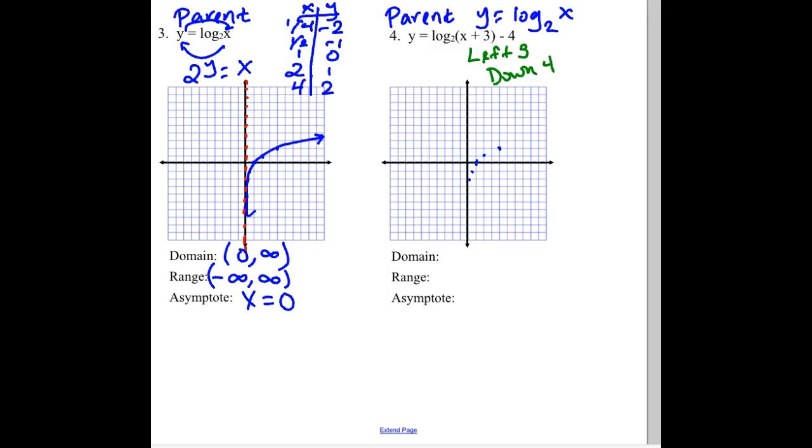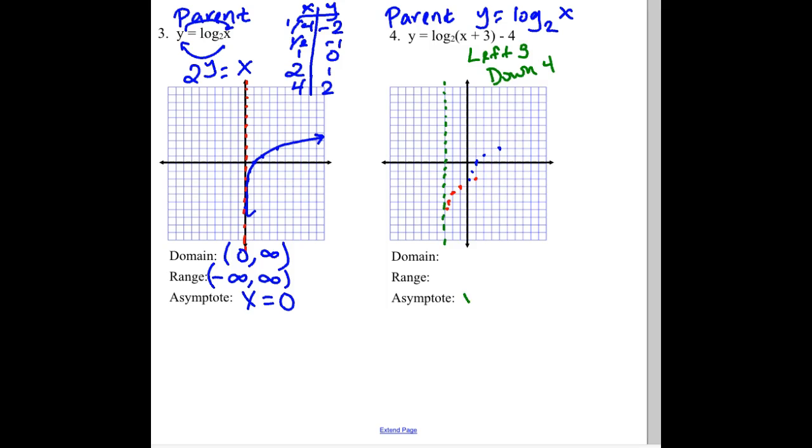Now because we have a vertical asymptote, if we shift everything right or left, that vertical asymptote moves as well. So our points here are going to move left 3 and down 4. And our vertical asymptote is also going to shift 3 to the left.